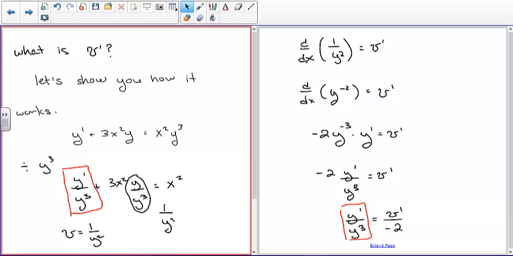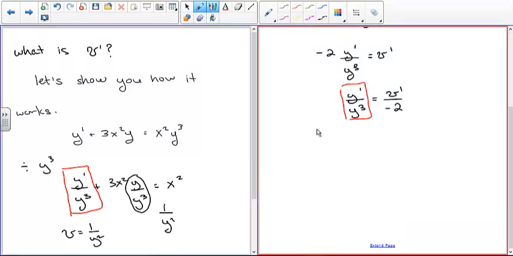So for this, I'm going to substitute v prime over -2. And for this part, I'm going to substitute v. So that's the next step. So this equation is going to be equal to v prime over -2 plus 3x squared times v, and that equals x squared.